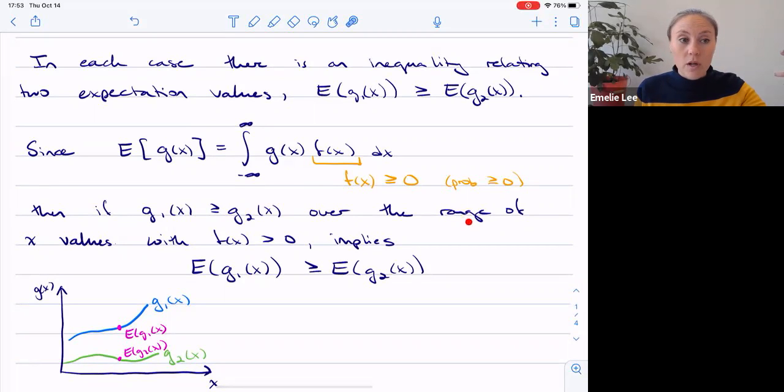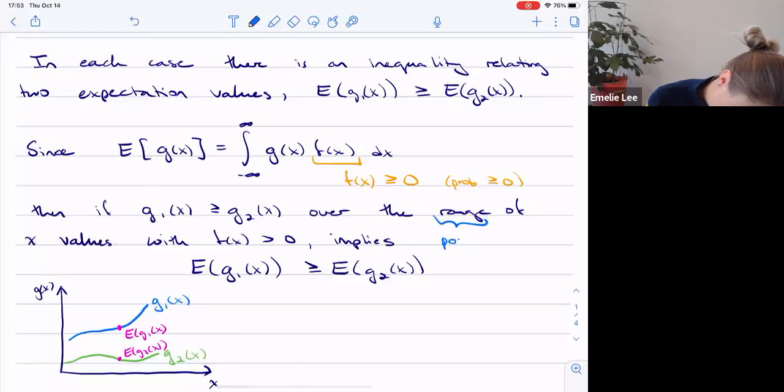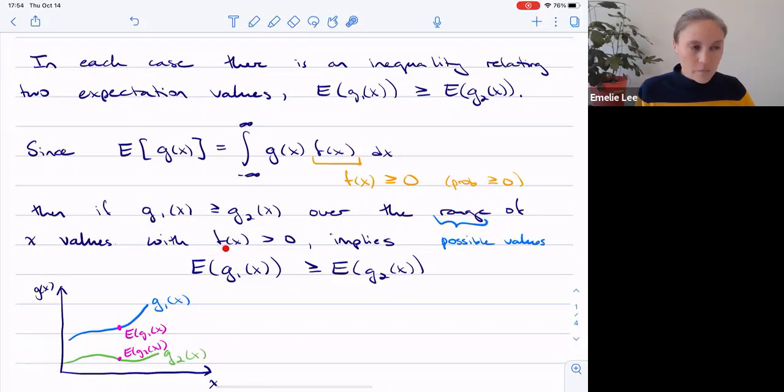That's usually what we call the range, right? But here we're talking about range just as in all possible values of X, the possible values of X with F of X greater than 0.